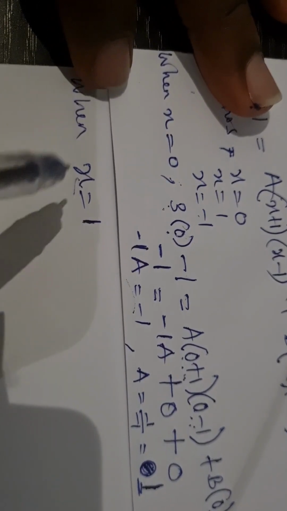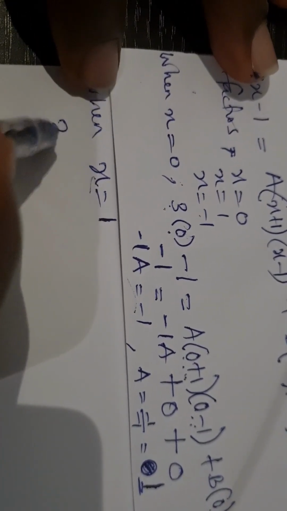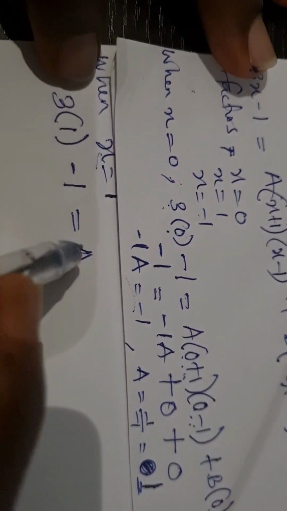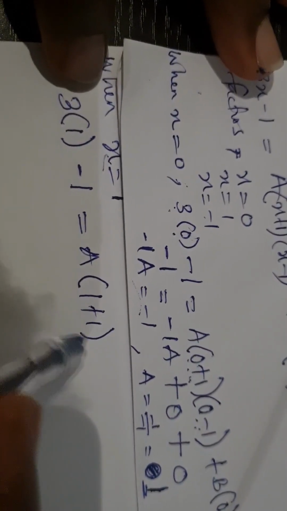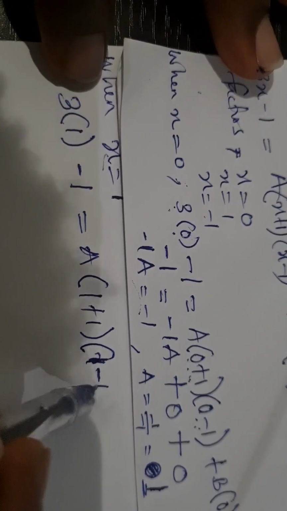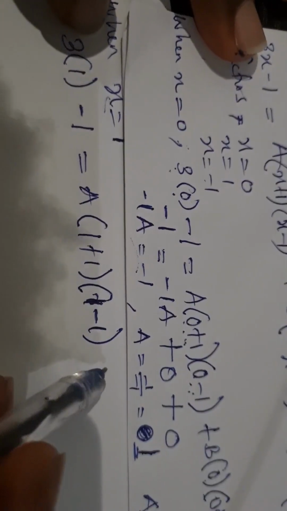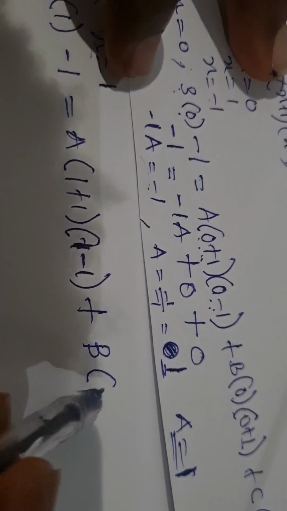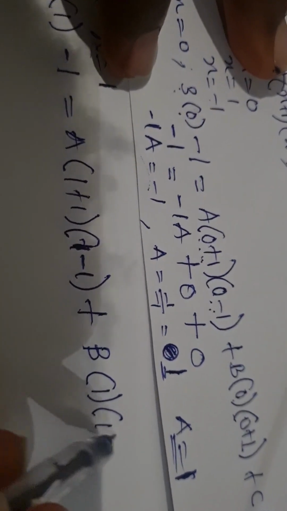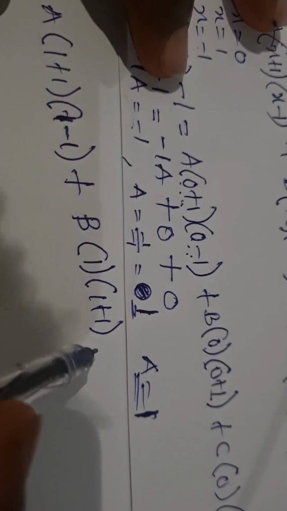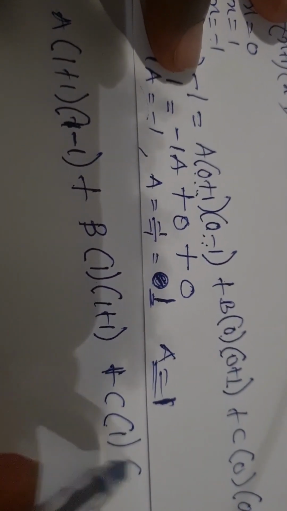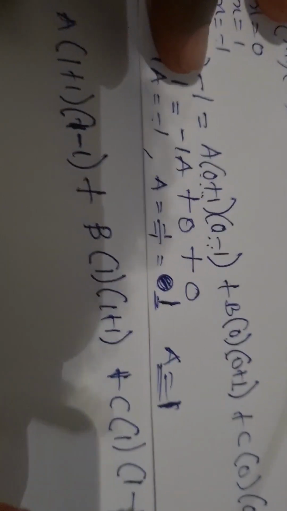When x is equal to 1, we now have that 3 open bracket 1 minus 1 is equal to a open bracket 1 plus 1, 1 minus 1, right? Plus b open bracket 1, 1 plus 1. I'm inputting for x, right? So plus c into 1 divided by 1 minus 1.